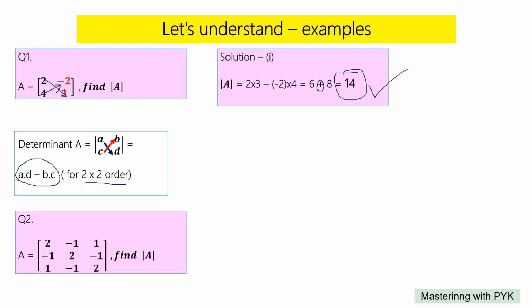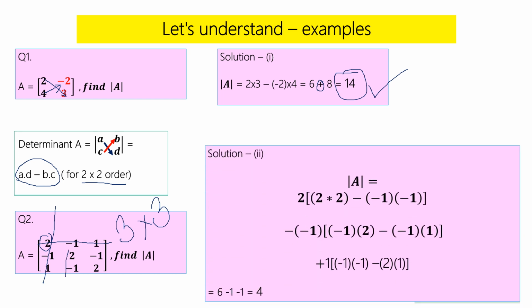For the second question, we have a matrix of order 3 cross 3. When we are at the position 2, we'll ignore the row and column of position 2. For the remaining, we'll find the determinant and multiply it by 2. So for the first row, it is 2 multiplied by the determinant 2 multiplied by 2 less minus 1 multiplied by minus 1.